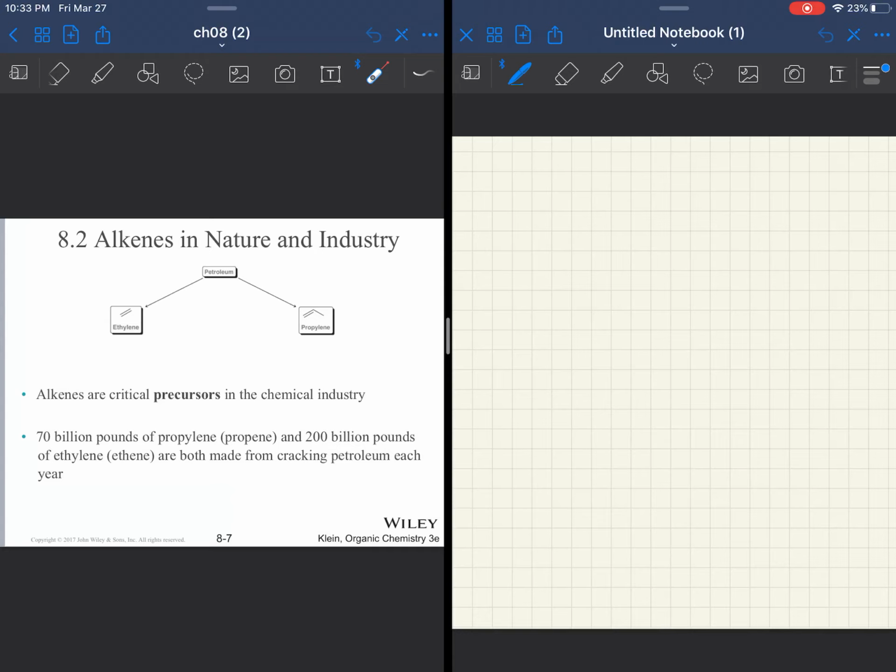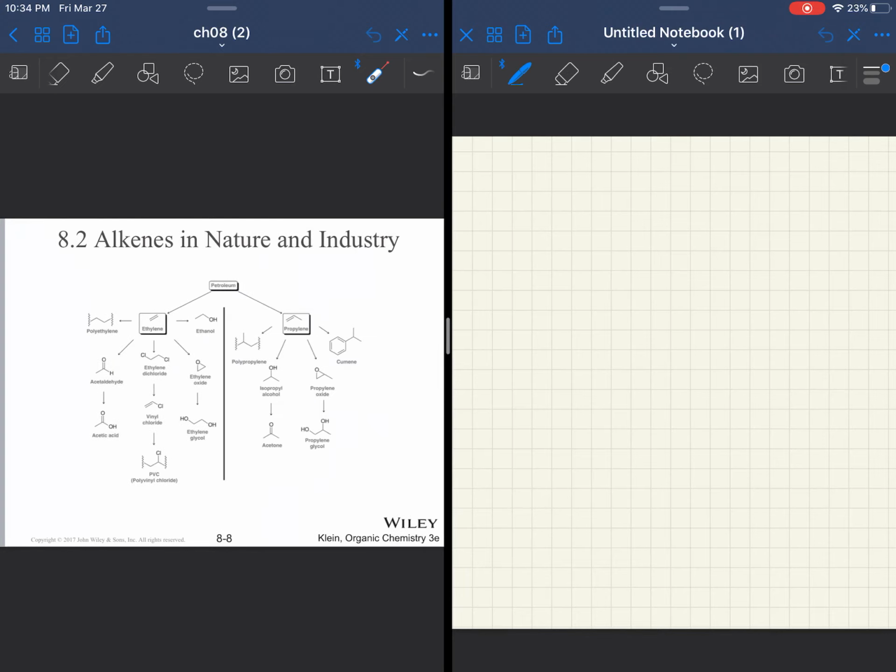The petroleum industry can break down petroleum into small alkenes, ethene and propene, commonly known as ethylene and propylene. These are two really important starting materials because alkenes give us a lot of options. We can turn an alkene into many other functional groups.